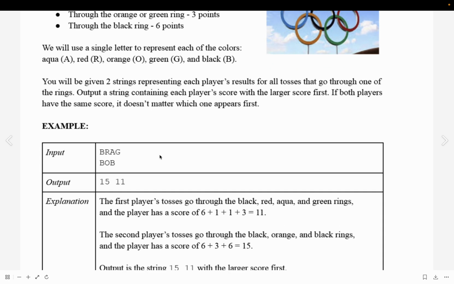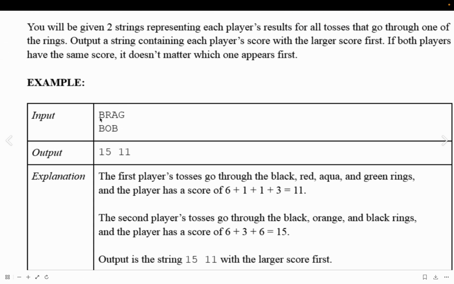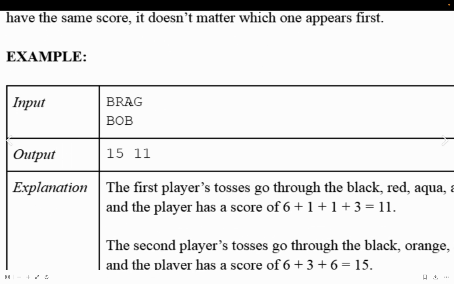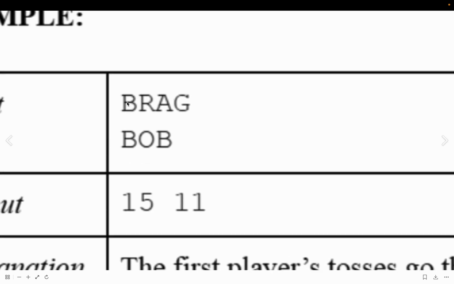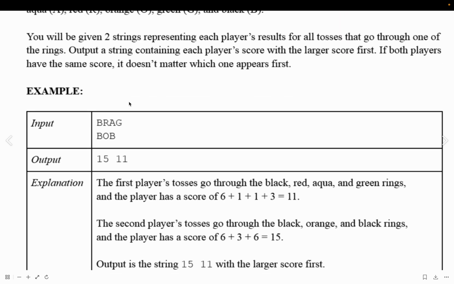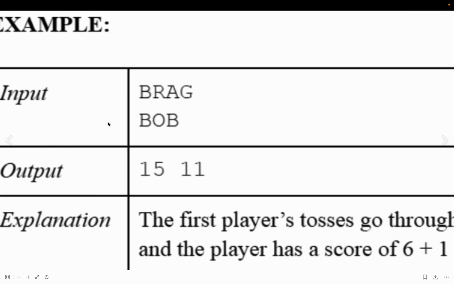All right, so this is the example input. As you can see, there are two strings, and each string contains a set of letters that each indicate what score the person earned. If you see the first string here, I'll say that this is player one. The person scored one black, one red, one aqua, and one green.